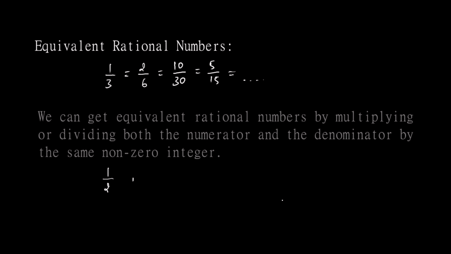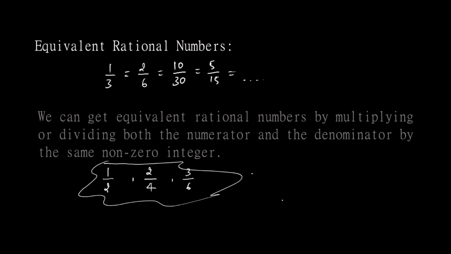So let's multiply by 2: 2 times 1 is 2, and 2 times 2 is 4. Also, let's multiply by 3: 3 times 1 is 3, 3 times 2 is 6. These three numbers are all equivalent.